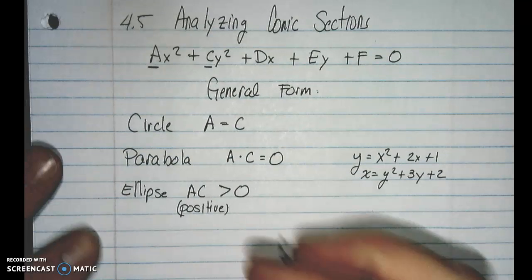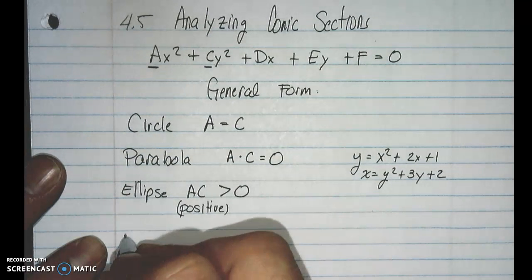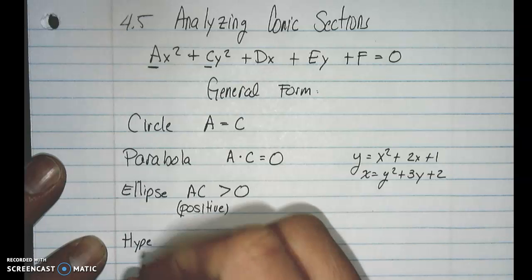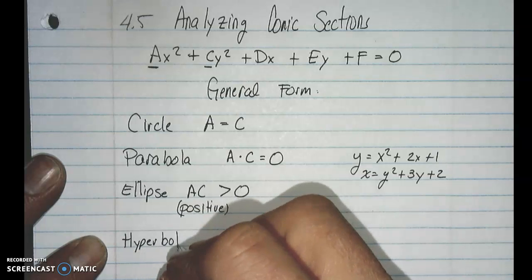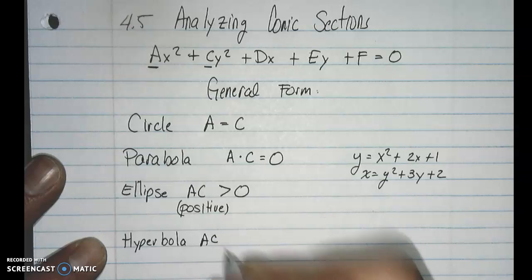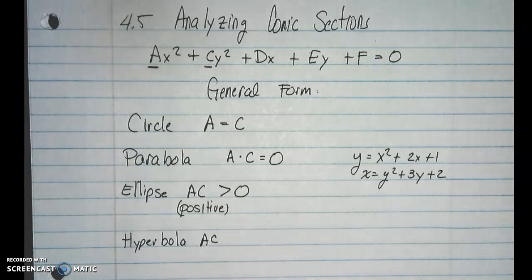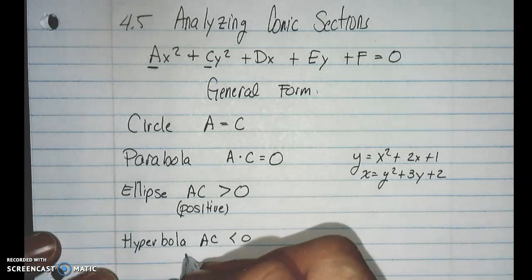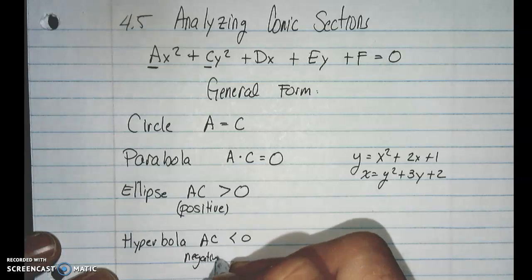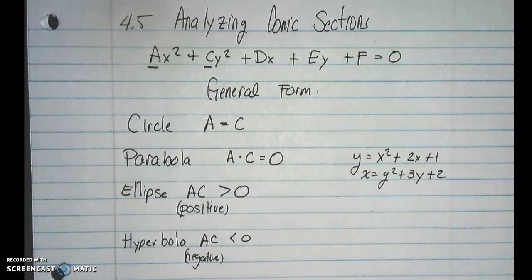And then if we go to the hyperbola, thinking of that paper, what do you think is going to happen with A times C? Exactly. It's going to be negative. Correct.